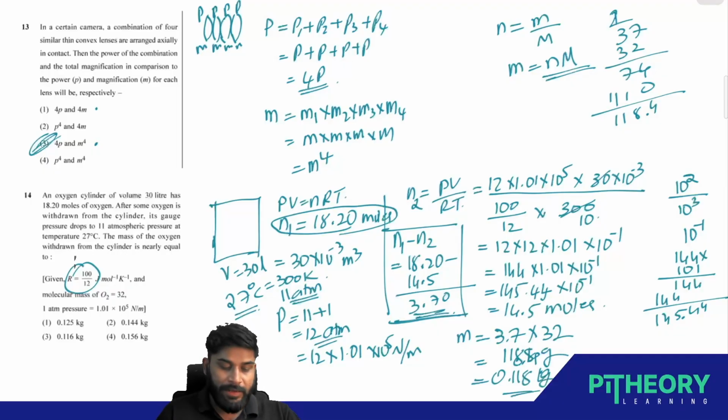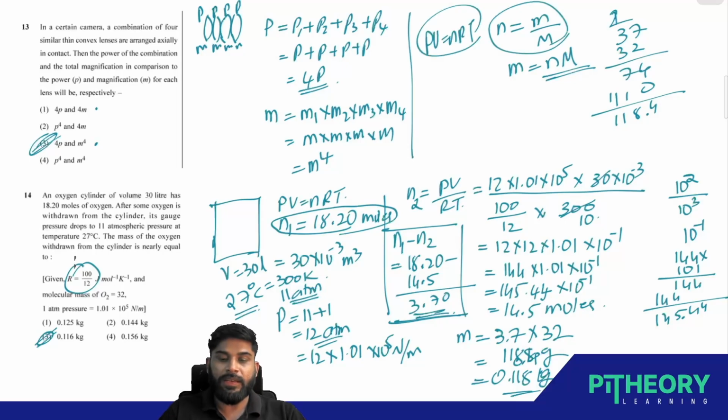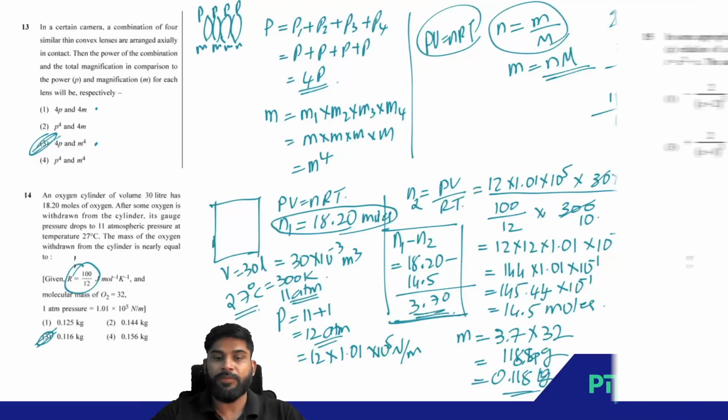Or approximately near to this value, we can take this as the final answer. And you'll be getting the answer, option number 3, which is 0.116 kilogram. That will be the answer. So effectively, we have used the ideal gas equation, which is nothing but PV is equal to nRT, and this N is equal to M by M relation we have used here.